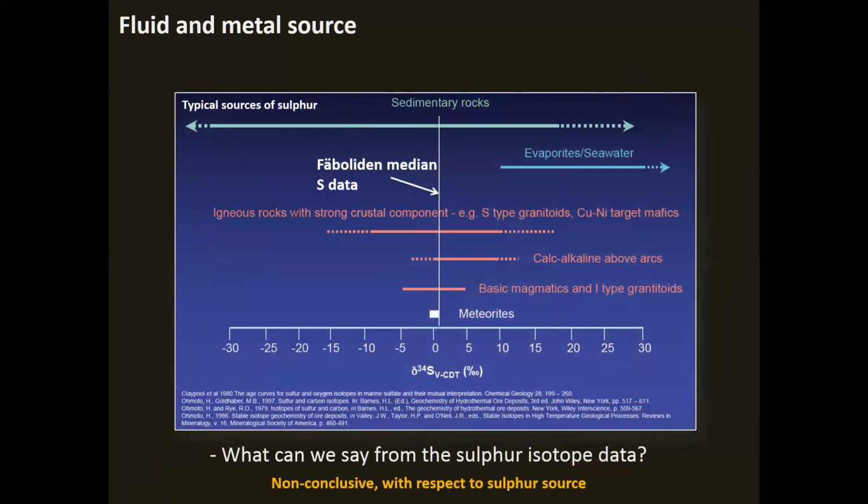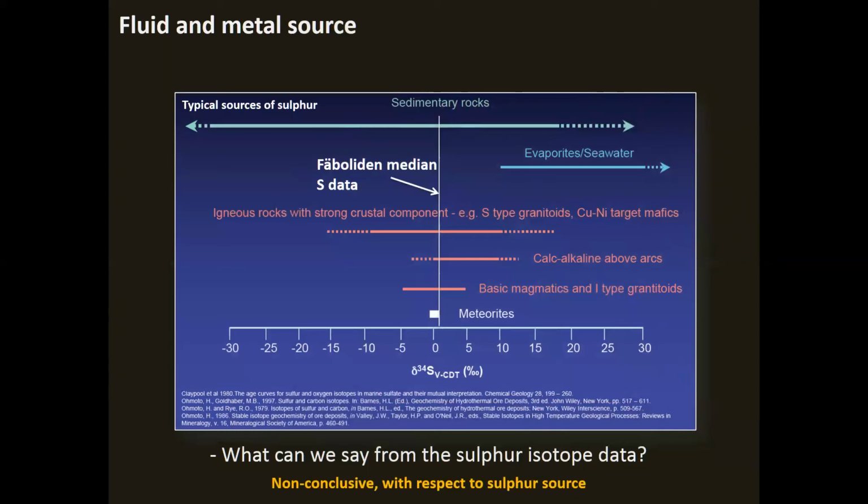So then we want to compare the Fäboliden data, which is the white line in the middle of the picture here, with different types of source rock. What we can see from the red, these magmatic rocks, is that we have an overlap, but we also see sedimentary rocks, which have a very wide range of sulfur isotopes up here.